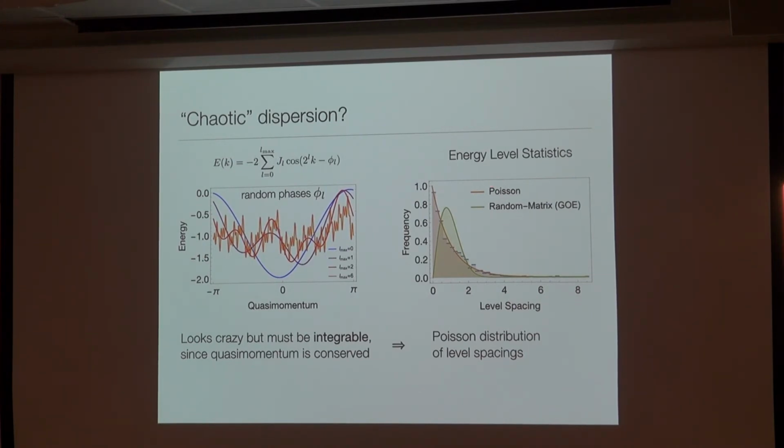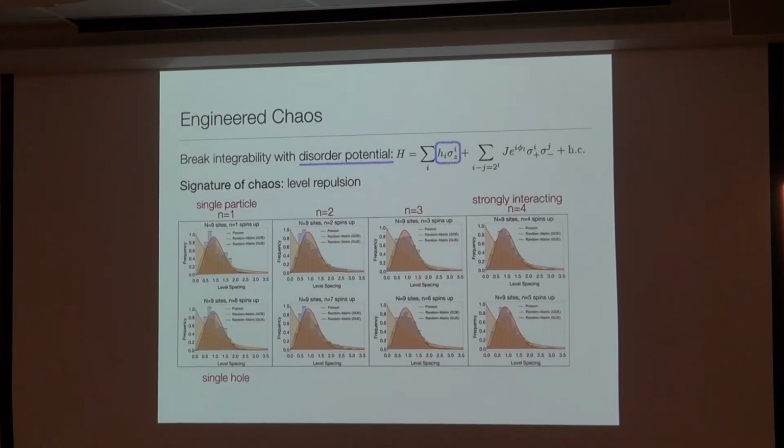Another way is to look at a standard diagnostic of chaos, which is the statistics of the energy levels, of the spacings between nearest neighbor energy levels. This is not yet a chaotic system, but it turns out that this type of model combined with disorder is chaotic. Again, one way to see it is by looking at the histogram of the energy level spacings. There's a repulsion of nearest neighbor energy levels, which is a signature of chaos.